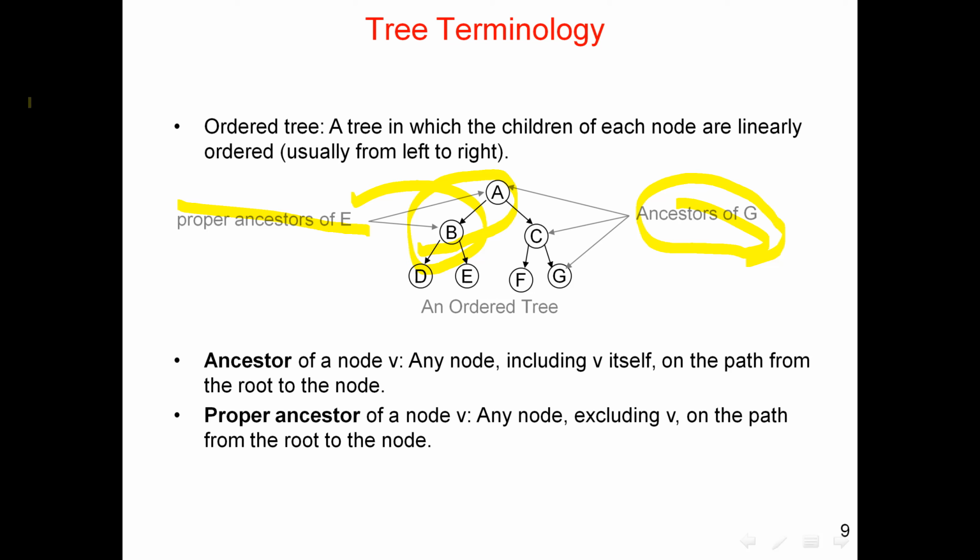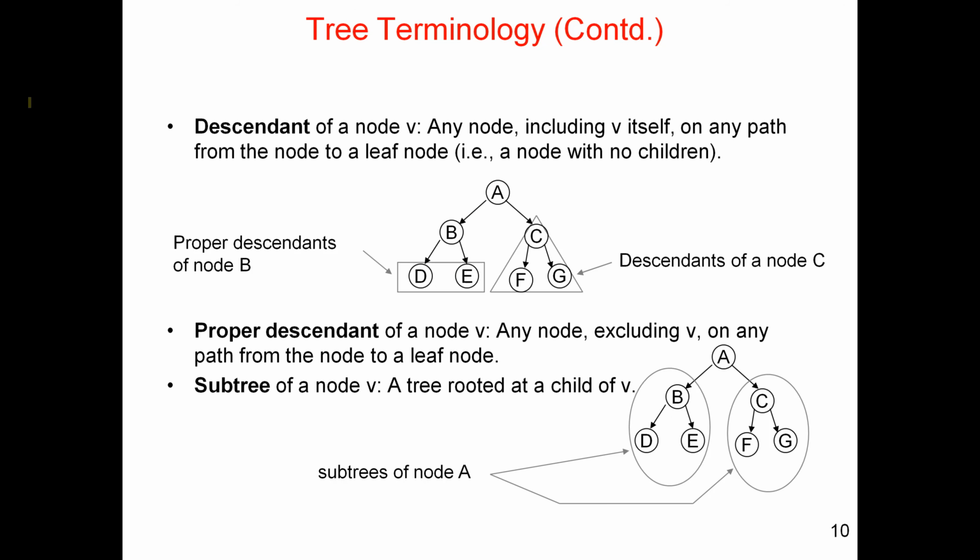We have proper descendant and descendant, like we have ancestor and proper ancestor. So a proper ancestor of a node is any node, excluding the node itself, on the path from the root to the node. Descendant, as I just told you, has descendant and proper descendant. Who are the proper children?